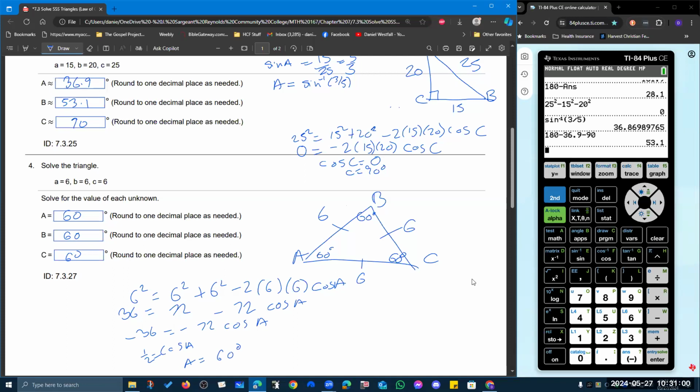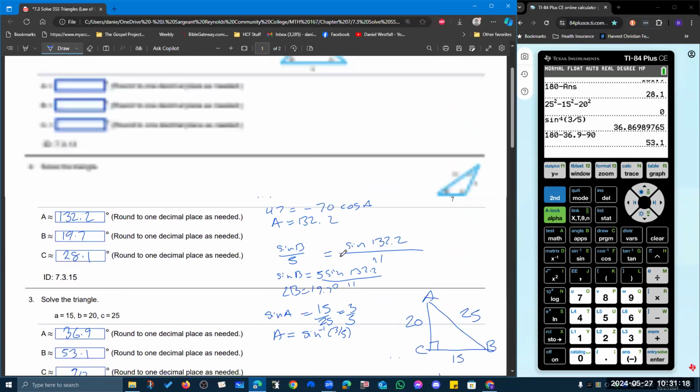Cosine of 60 degrees is 1/2. And then we could go from there and use the law of sines, and we'd see that the next angle would have to also be 60 degrees, and then 180 minus 120 would be 60 degrees. You get the idea. But that's it.